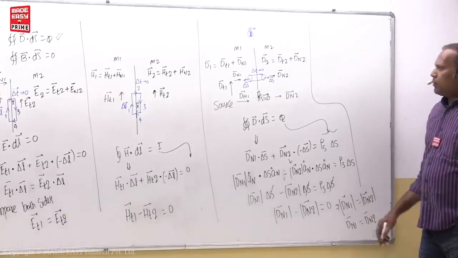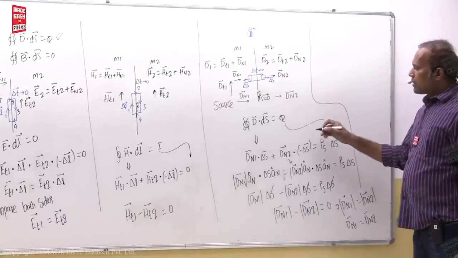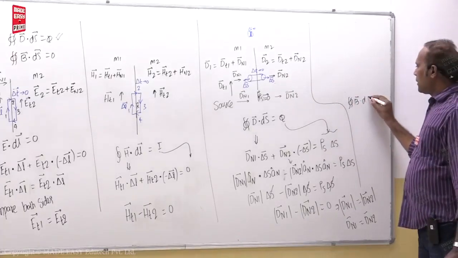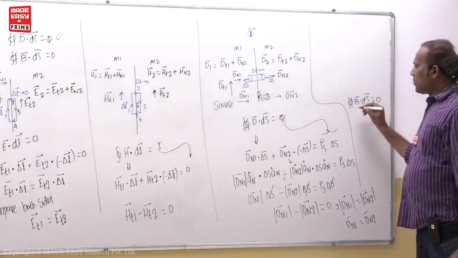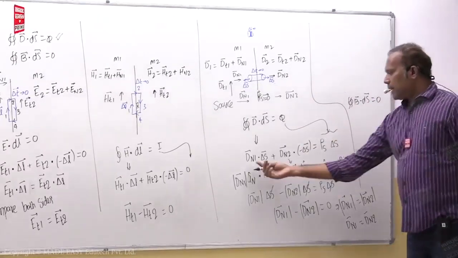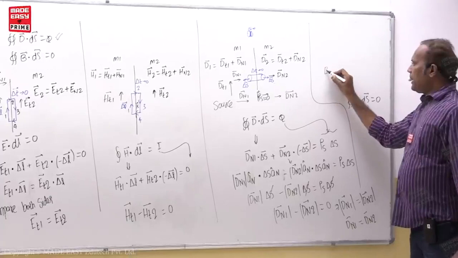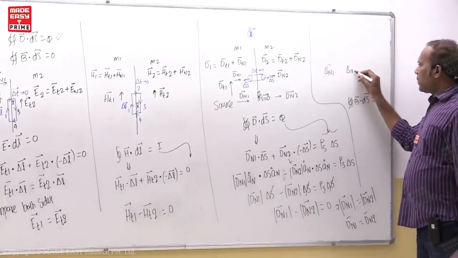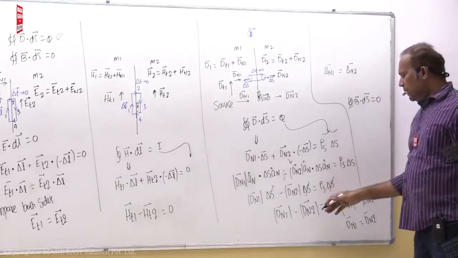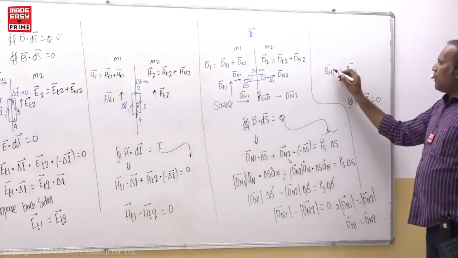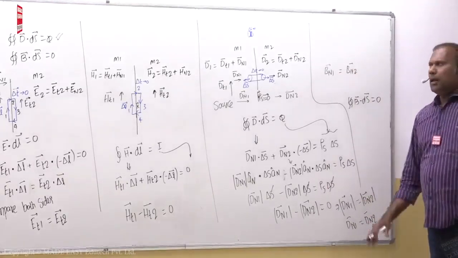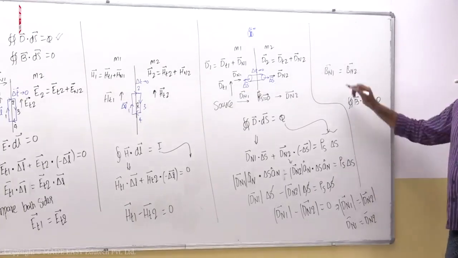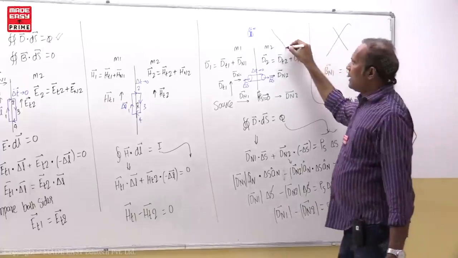Now similar to this, you do the derivation for the double integral B bar dot dS bar equals 0. If you do it, then here you get bn1 bar and here you get bn2 bar, and both will be equal like this. In mod form also they are equal. Now, dear students, there is no need to learn these derivations.